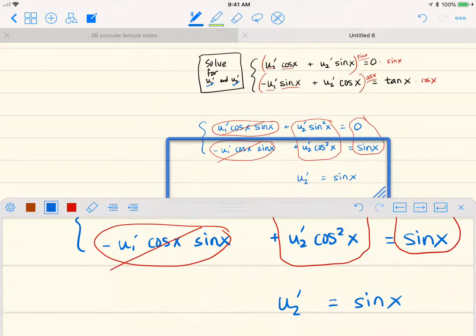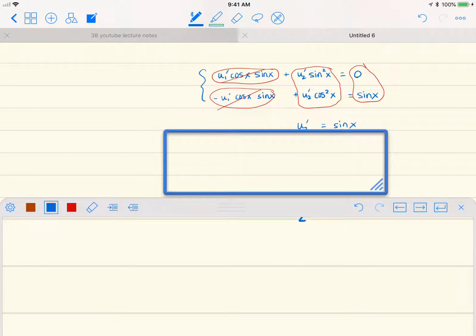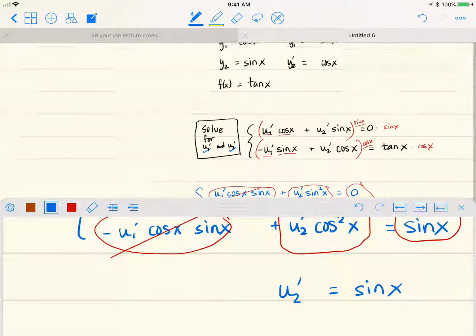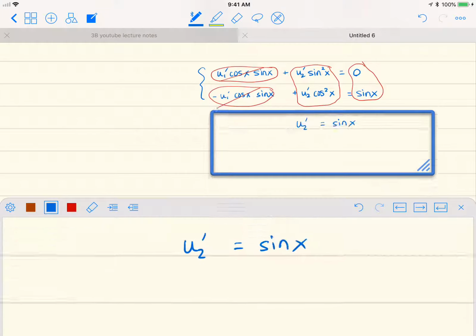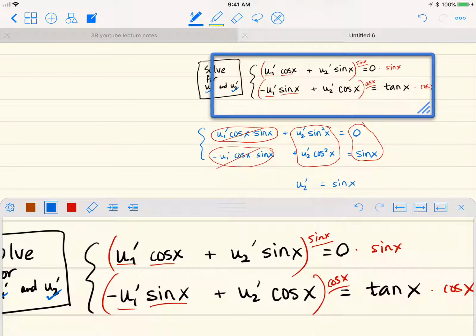Now I just need to find u1 prime. So we can go back to our first equation. If we know u2 prime is sine x, we can just replace u2 prime with sine x.